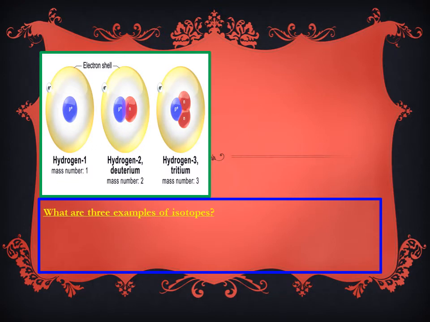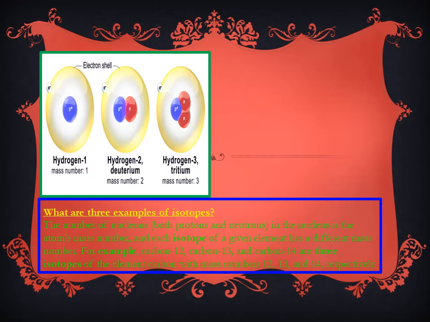These are the isotopes of hydrogen. Hydrogen 1 means mass number 1 and atomic number 1. It's called protium. Second, deuterium. Its mass number is 2.